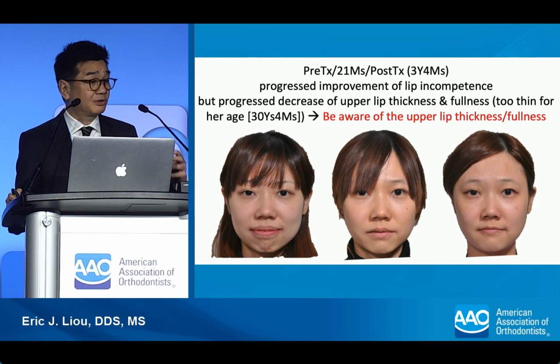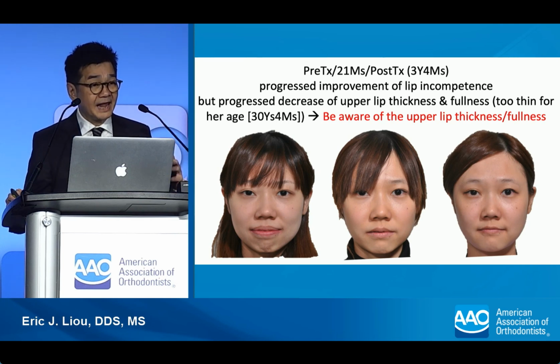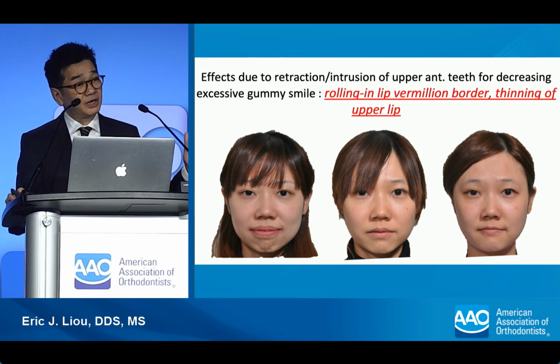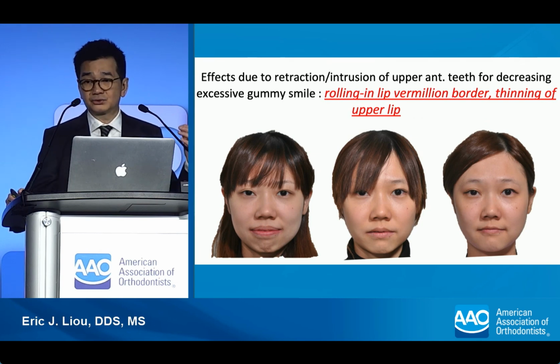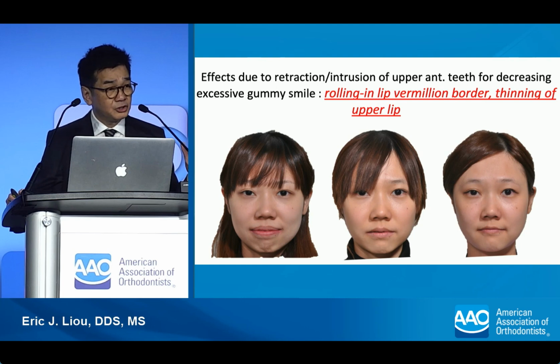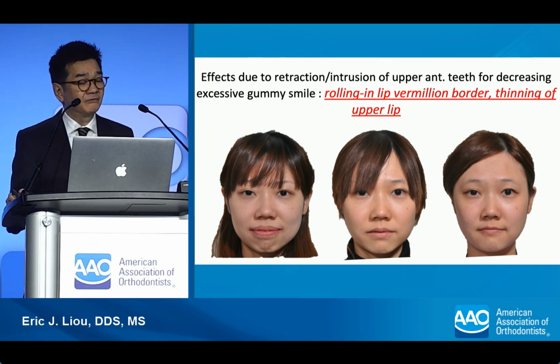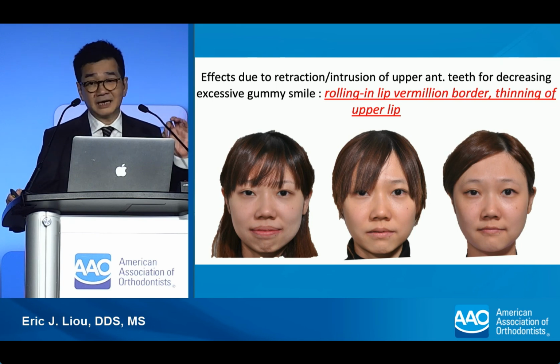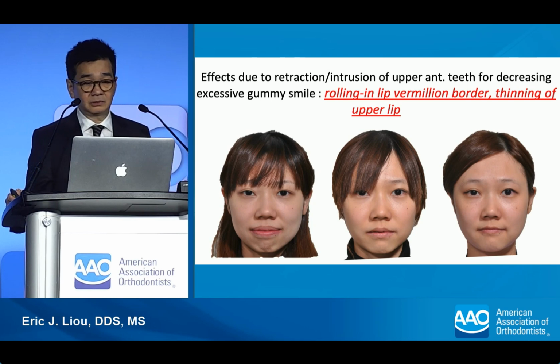Although the patient has a good smile, in the end, when she is not smiling, she might look older than her age. Because when we are doing retraction and intrusion of the anterior teeth, we usually have the lip vermilion border roll in, which results in a thinner lip thickness, whether upper or lower.